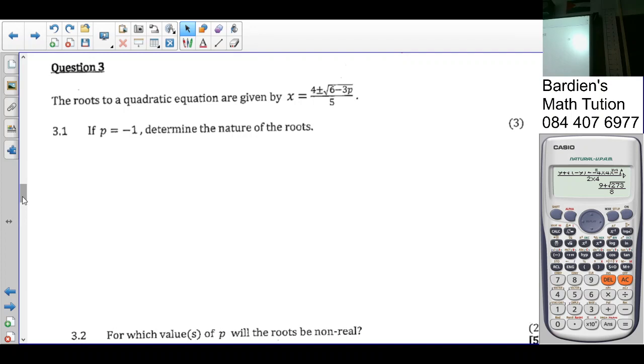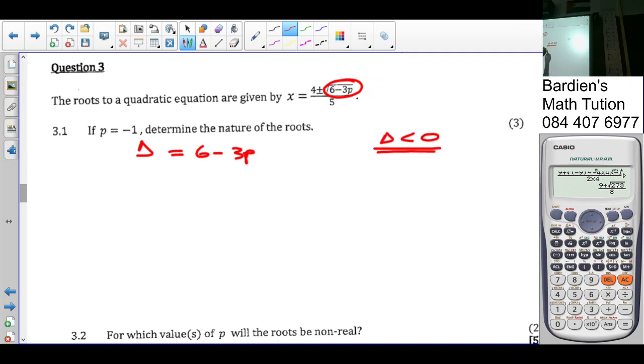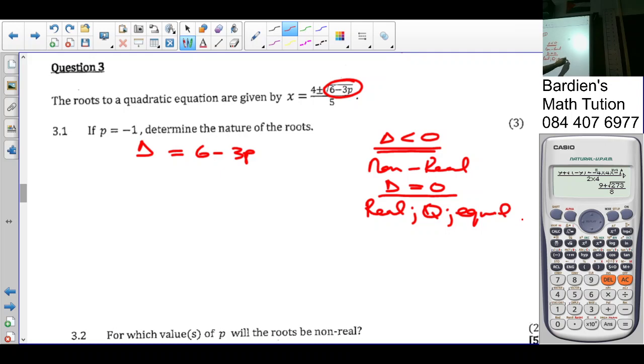So the nature of the roots is dependent on what? On the discriminant, the delta. In this case, my delta is 6 minus 3p. If delta is less than 0, what do we know about the roots? It's non-real. If delta is equal to 0, what do we know then? The roots are real, rational, and equal. If delta is greater than 0 and it's a perfect square, what do we know about the roots then?